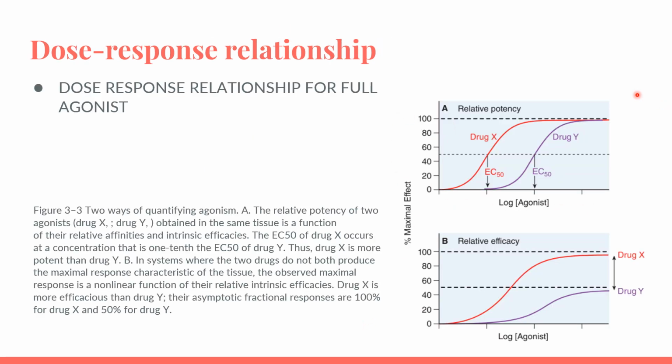Here you can see the dose-response relationship between a drug and its effect. Here we can see the log of the concentration of the agonist and the percentage of the maximal effect.